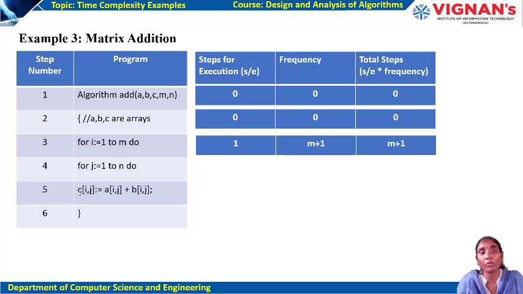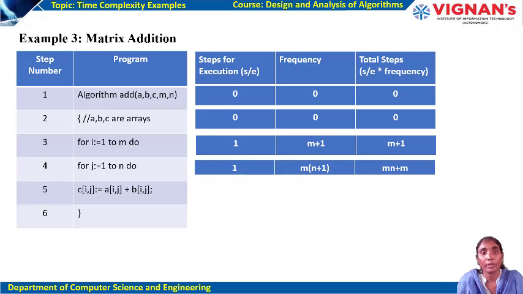So whatever is there in the outermost for loop inside body, which is 4, 5 statements, will be executed for how many number of times? m times. So m into n plus 1 times will be executed for the fourth statement, which is the innermost for loop. So now together S by E is 1, m into n plus 1. Why did m come into the picture?